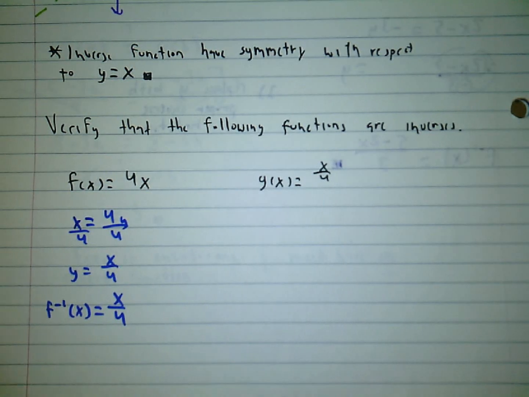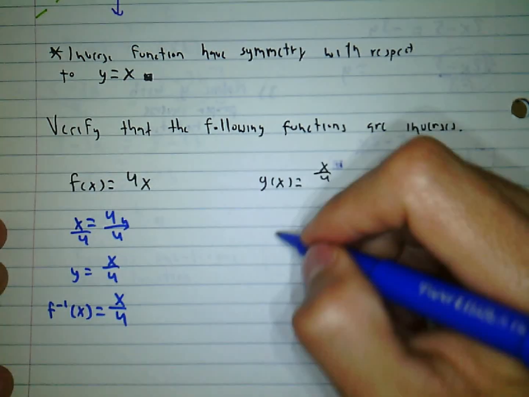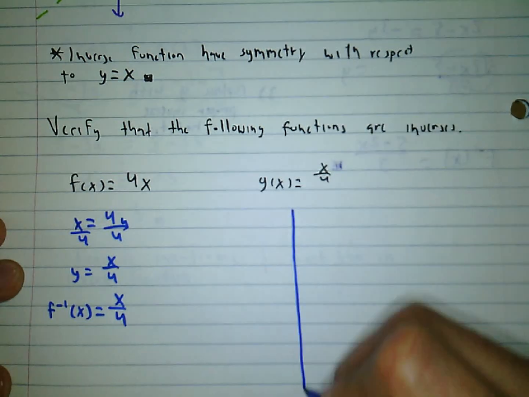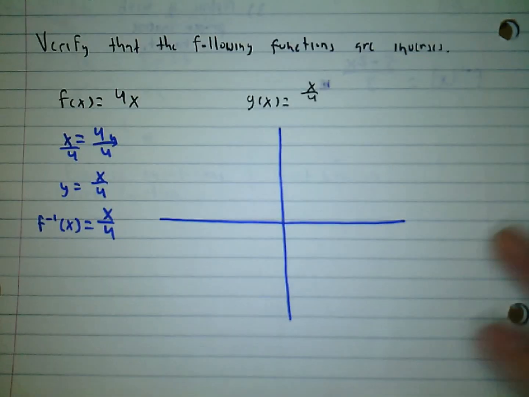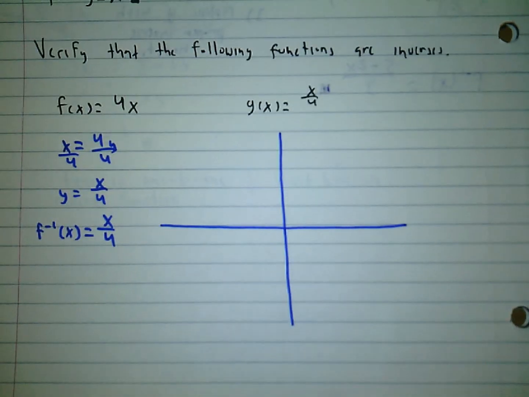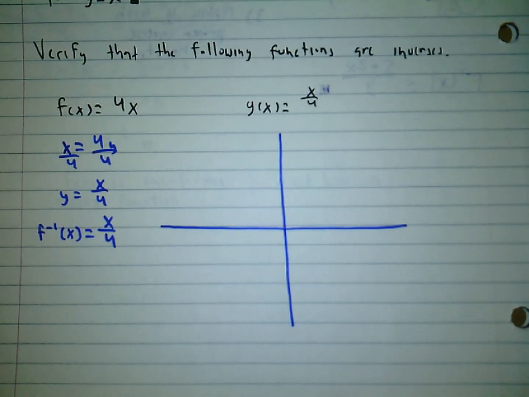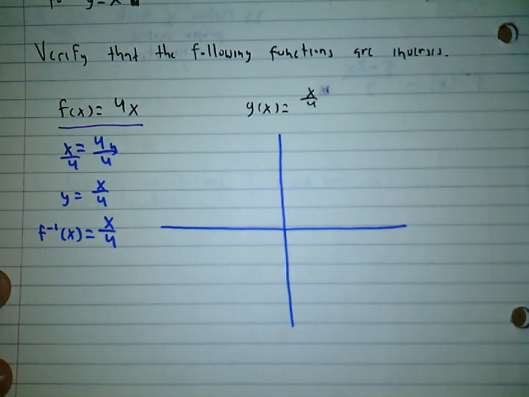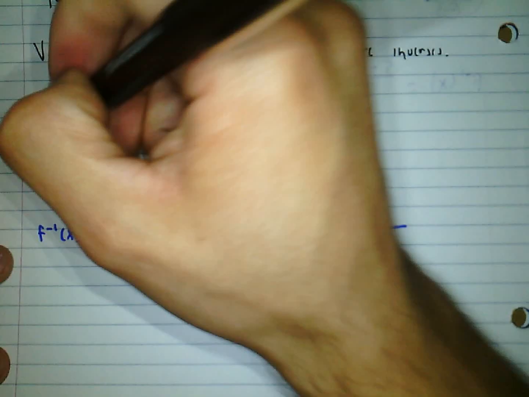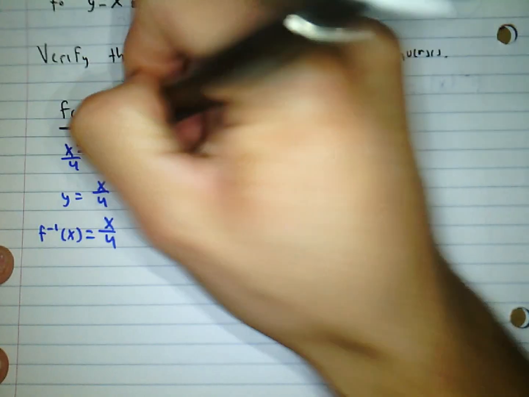Fantastic. Okay, we could also graph this, right? Here's my x, here's my y-axis. Now, this is a rough sketch one more time. So for 4x, I'm going to use the black here.